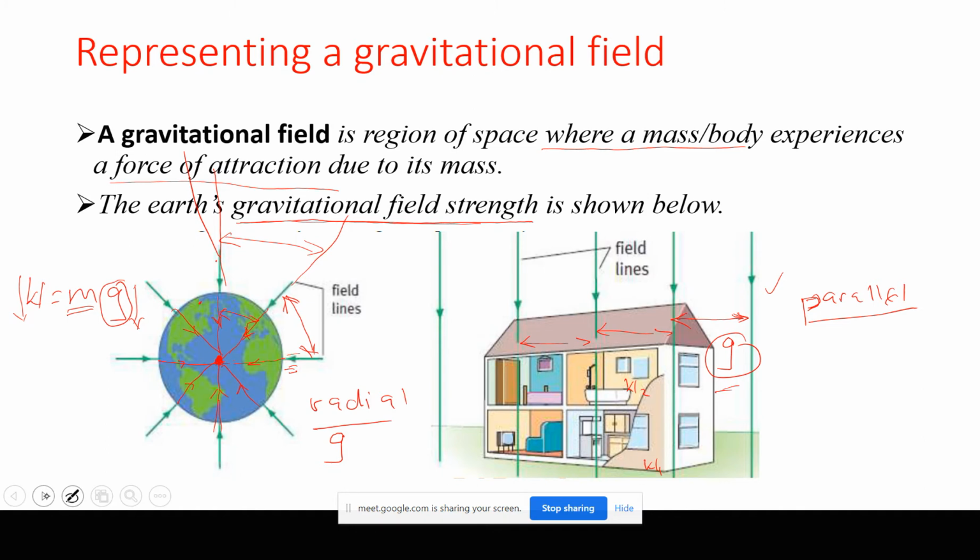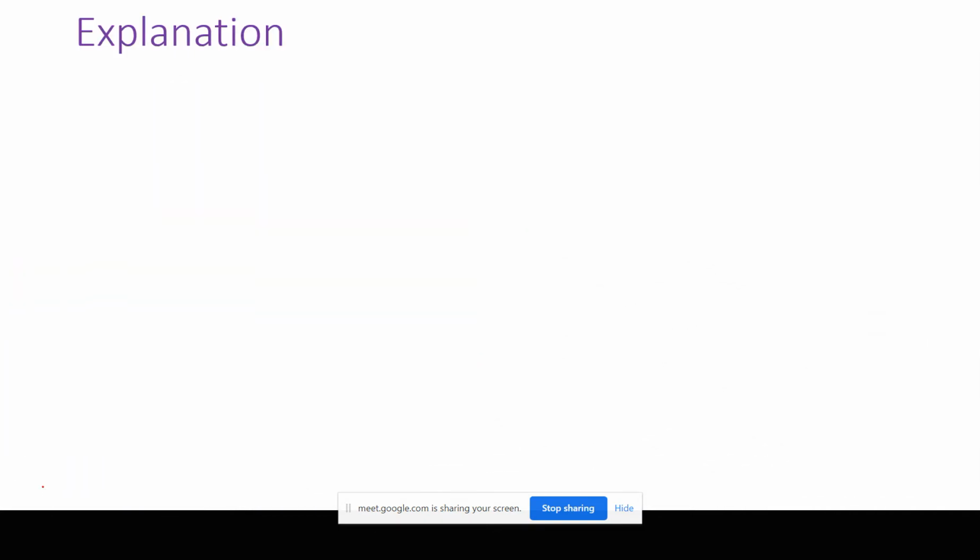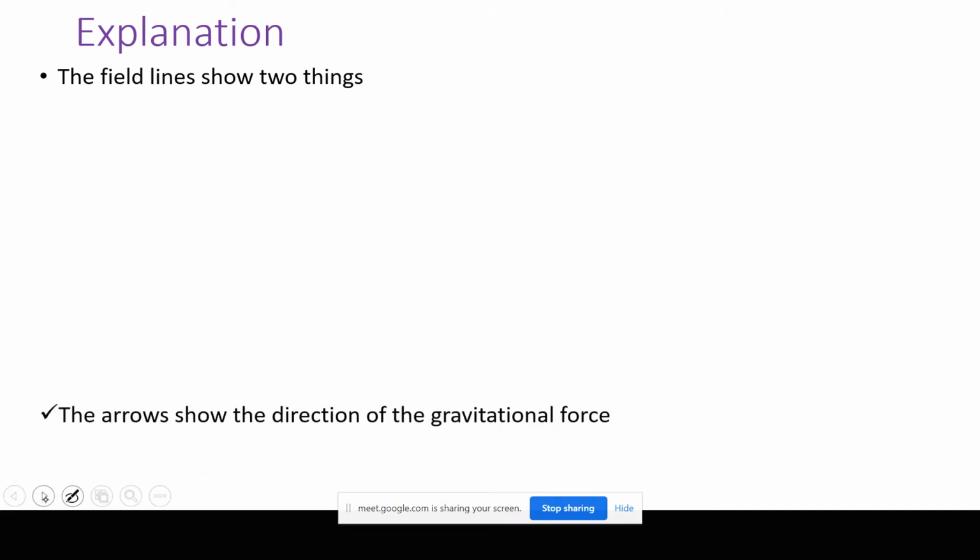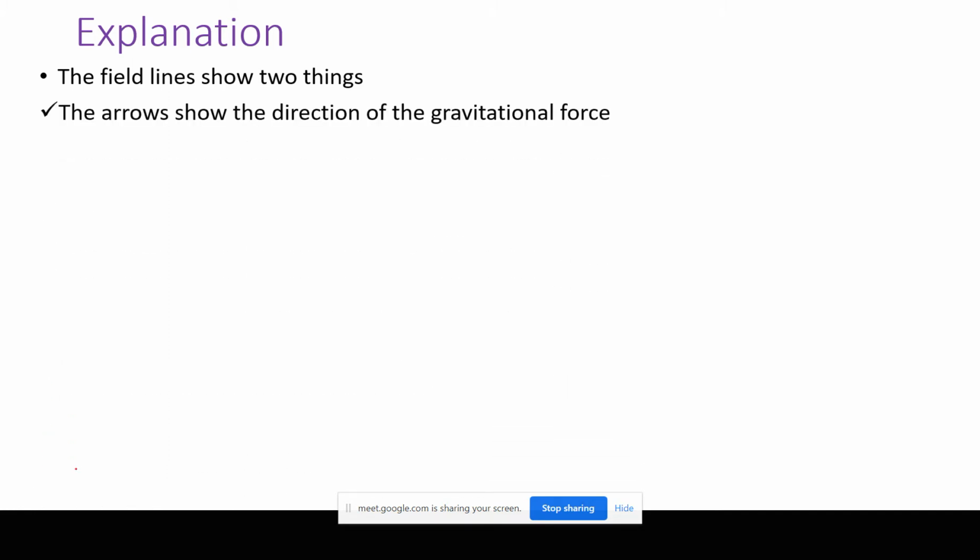So let's summarize this in another slide for these field lines. The field lines show two things, as we have seen in the previous slide. Number one, the arrows show the direction of the gravitational field, and we have seen that for the Earth, the arrows point towards the center of the Earth. We say they are radial towards the center of the Earth.